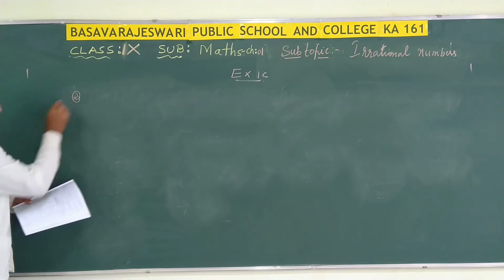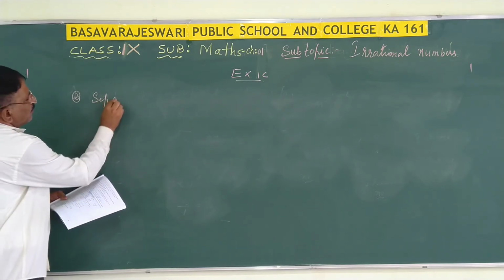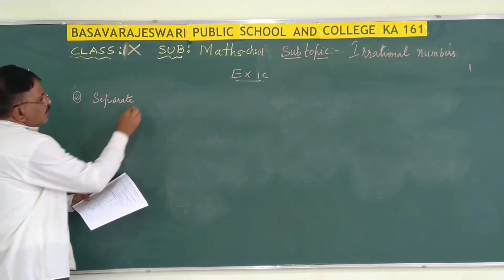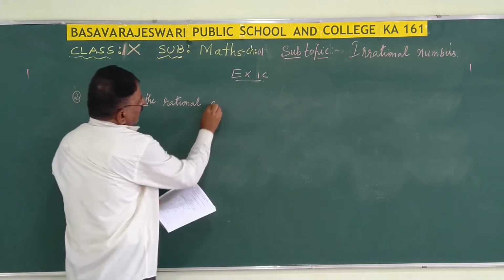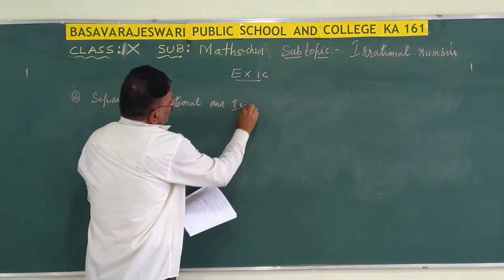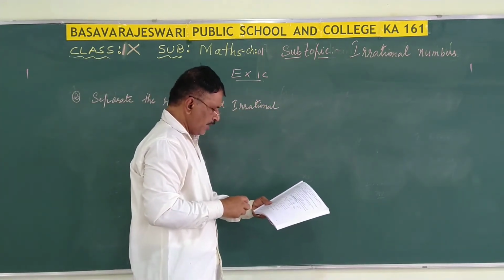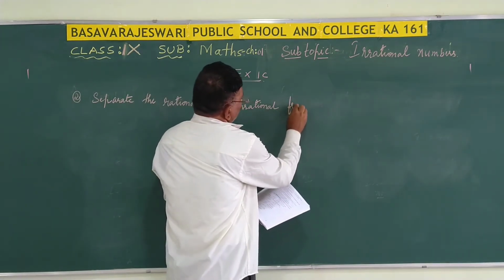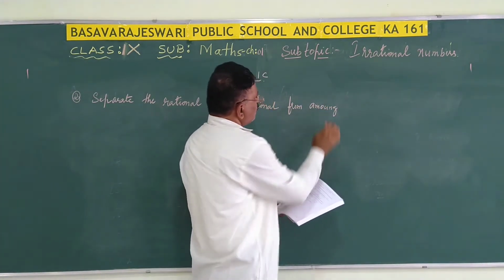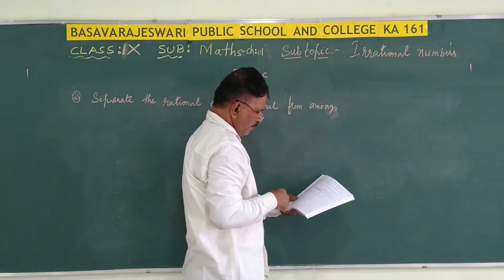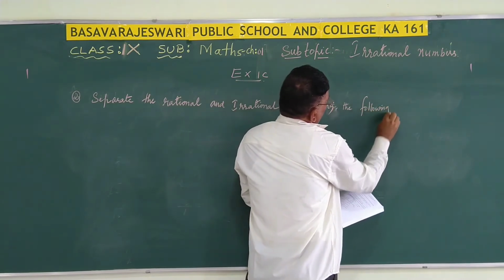It has been given: separate the rational and irrational from among the following numbers.